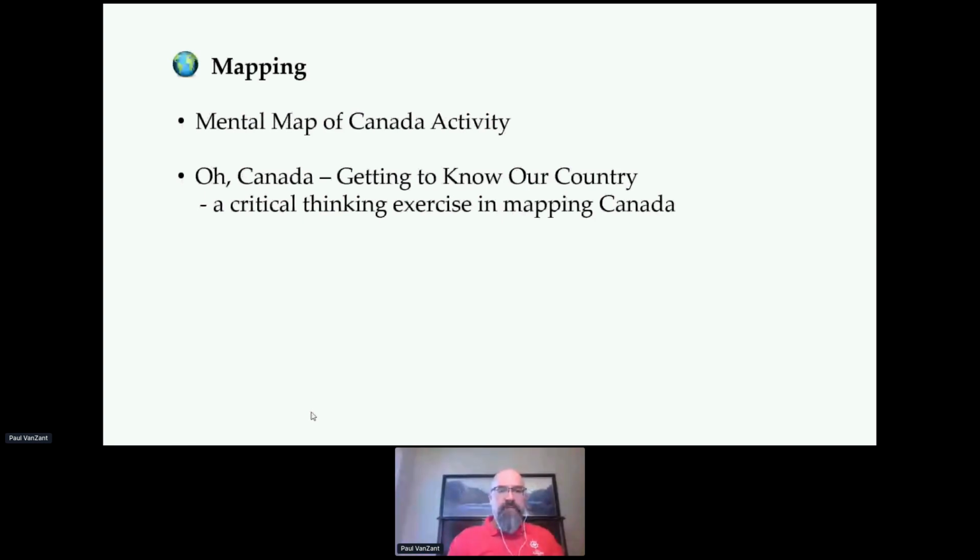One of my absolute favorite things to do with students is to begin them on the first day with a mental mapping exercise, to have the students actually create a mental map of Canada.